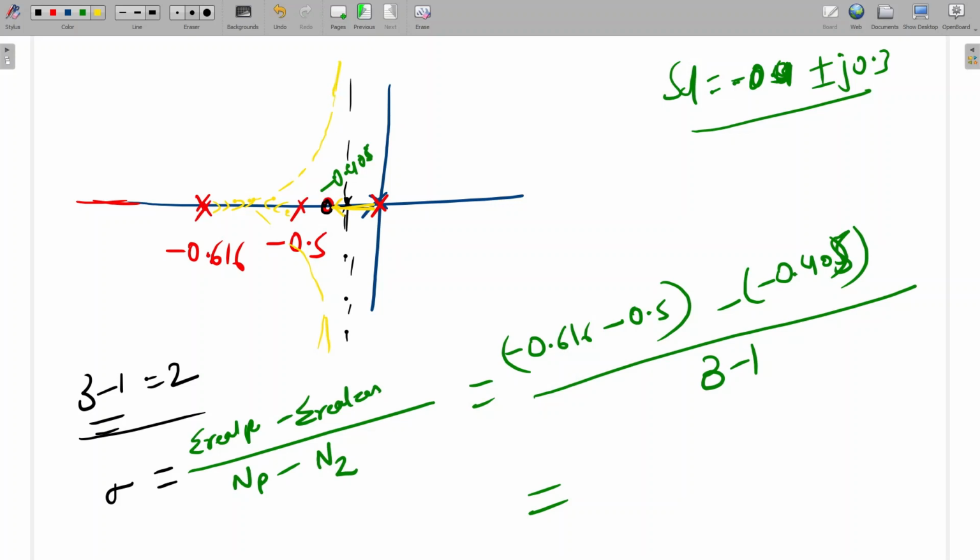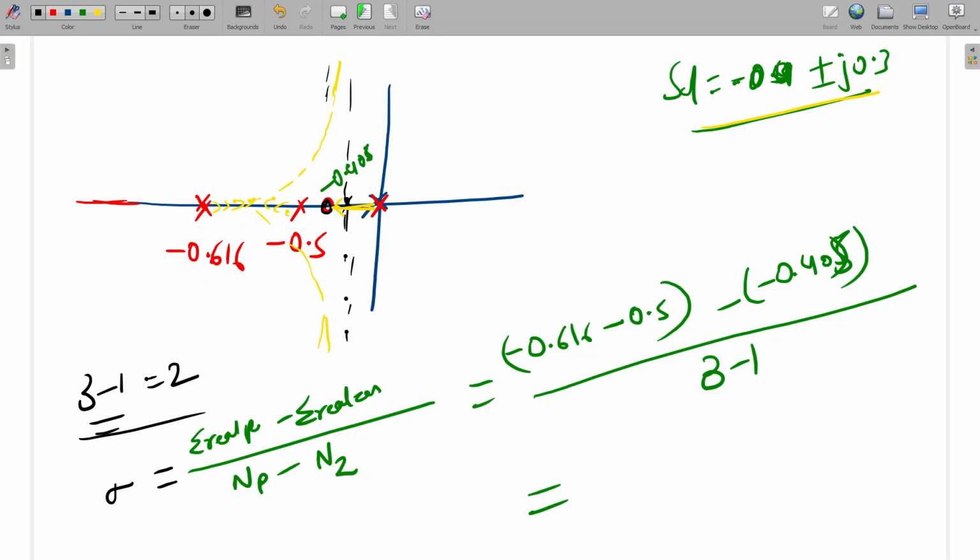So we have to calculate the K at this value. Where will this value be? At minus 0.4, somewhere it will be here. Let's say this is minus 0.405, almost I am assuming it will be on this line only.